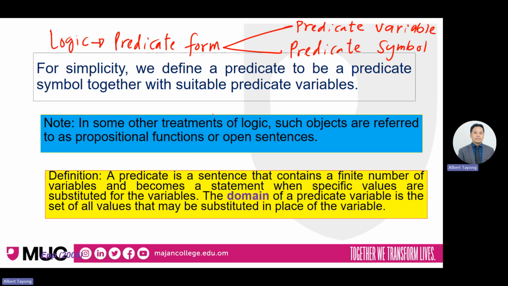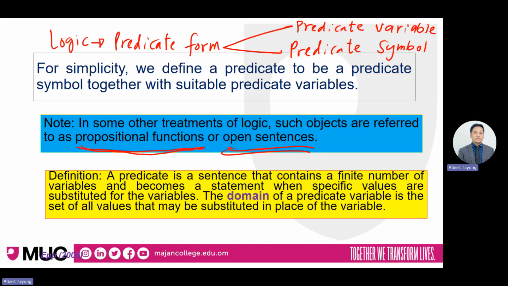So we also call this predicate form a propositional function. These predicate forms are functions because we have variables, and when we change our variables, it gives us some values. It's also called an open sentence.